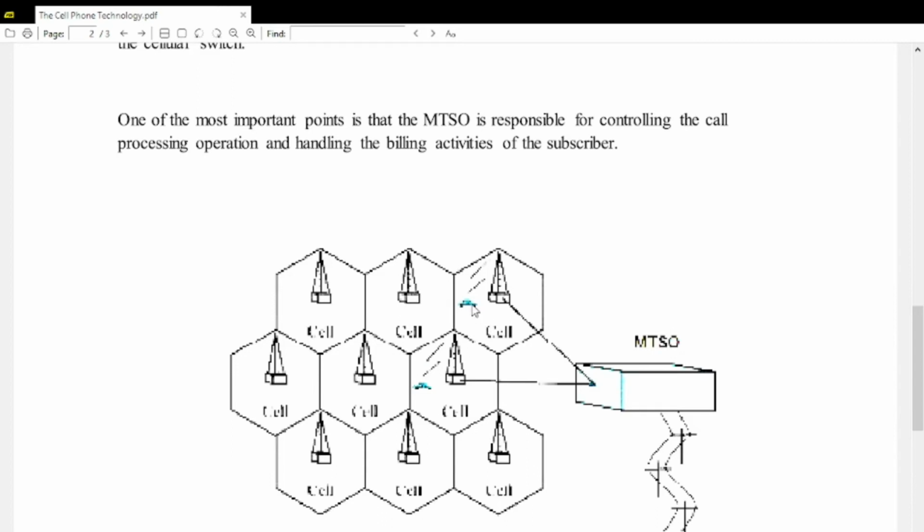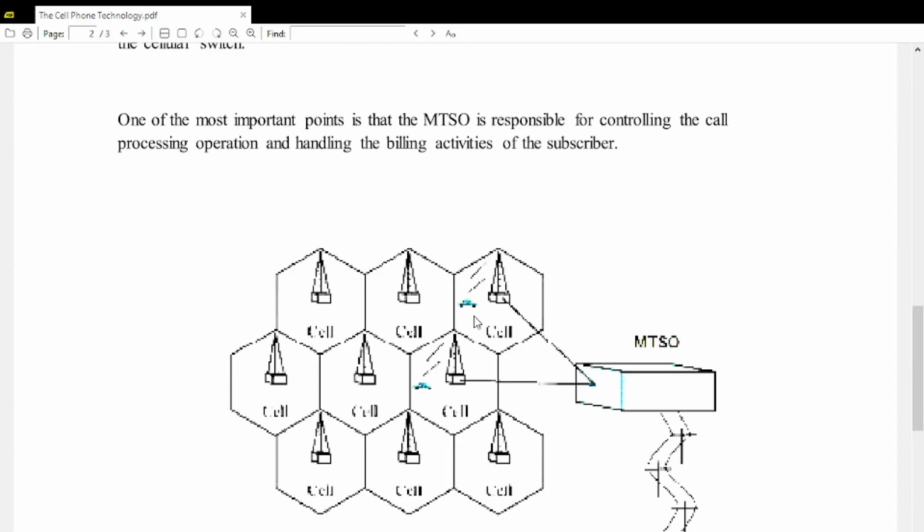Then this blue item you are seeing here could be your mobile unit. This mobile unit can be a phone or even those radio devices that are installed in vehicles so that they can communicate.